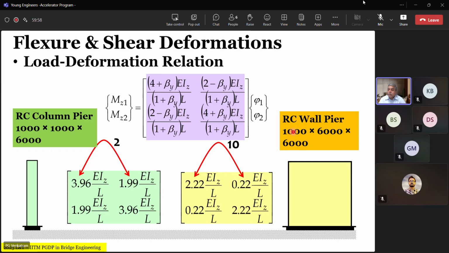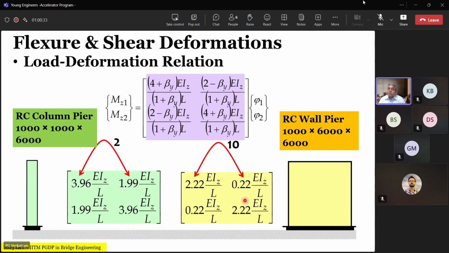But my suggestion to you is, quite often you are using a 1 meter by 4 meter, 8 meter tall column, and you are ignoring this beta altogether by not declaring the shear modulus and shear area correctly. If you declare it correctly, you realize your stiffness matrices change drastically. This 3.96, which is close to 4, becomes 2.22, and this 1.99 becomes 0.22.